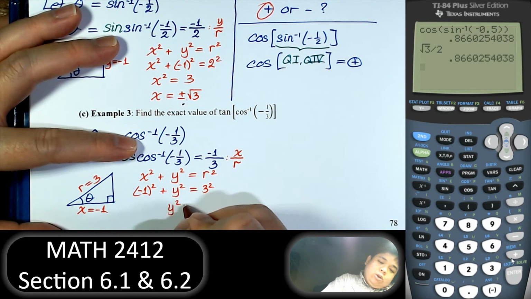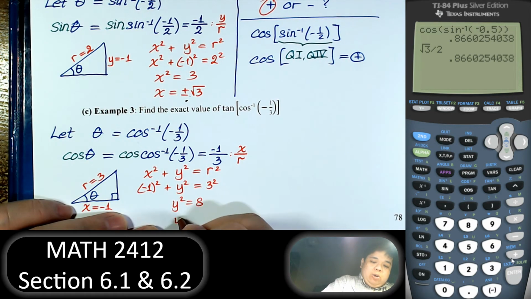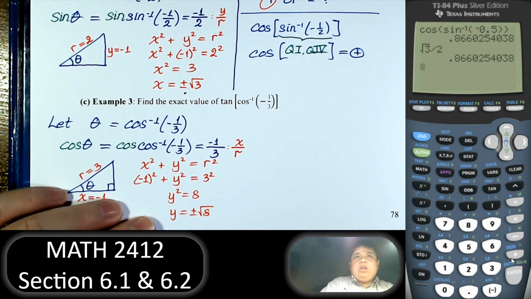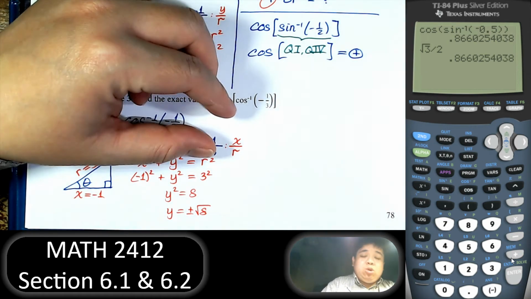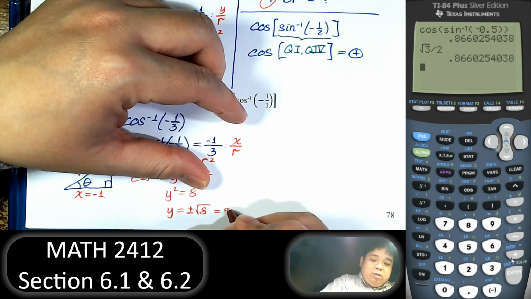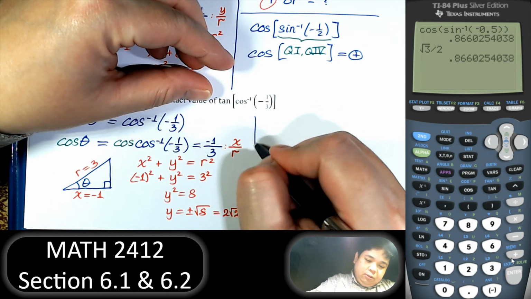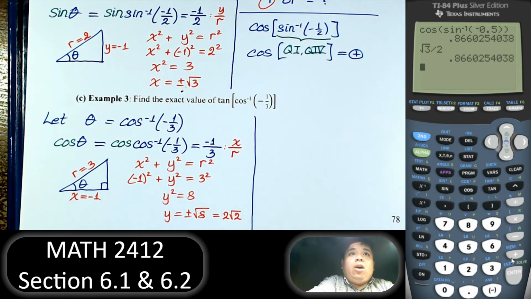So y squared is equal to 8. So y equals plus or minus square root of 8. By the way, square root of 8 is square root of 4 times square root of 2, or 2 square root of 2.